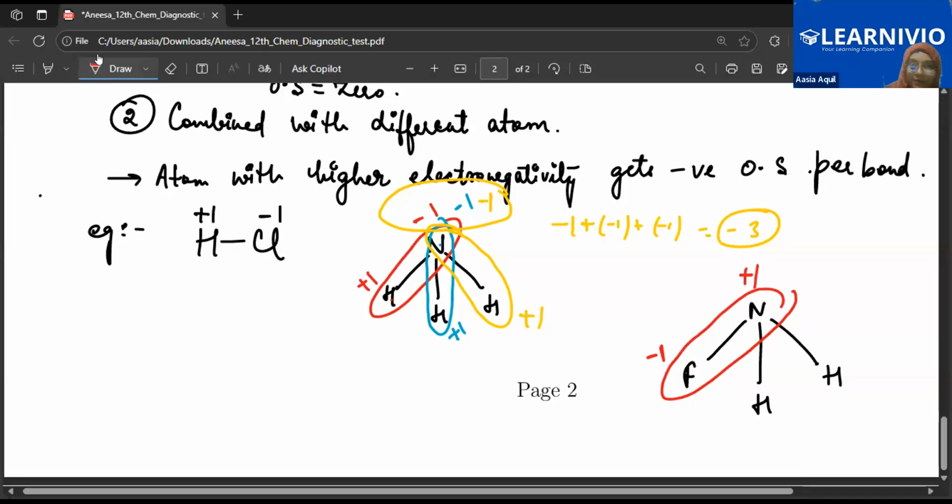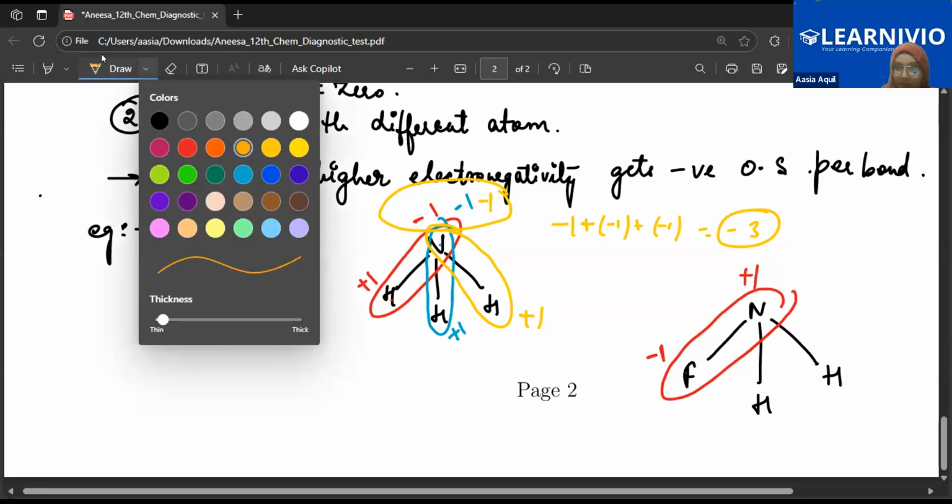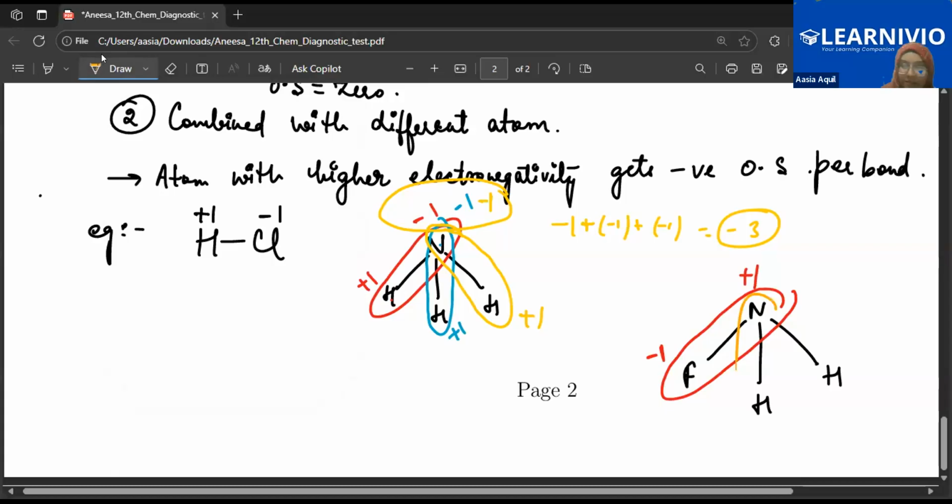Now we will talk about this bond. Obviously between nitrogen and hydrogen, nitrogen is more electronegative than hydrogen, so this nitrogen will acquire -1 charge and hydrogen will acquire +1 charge.